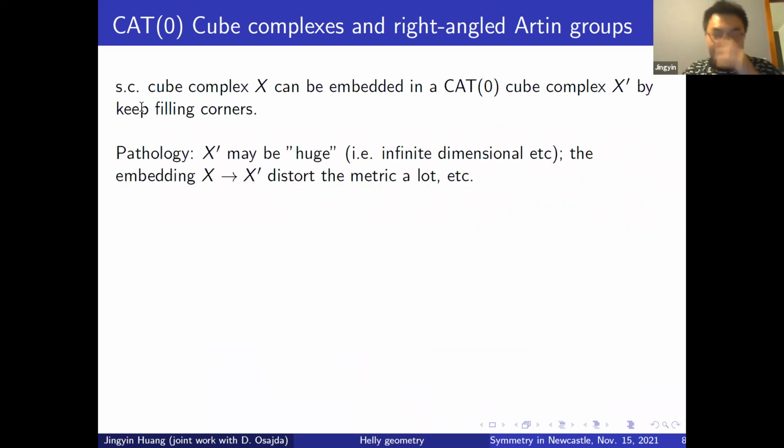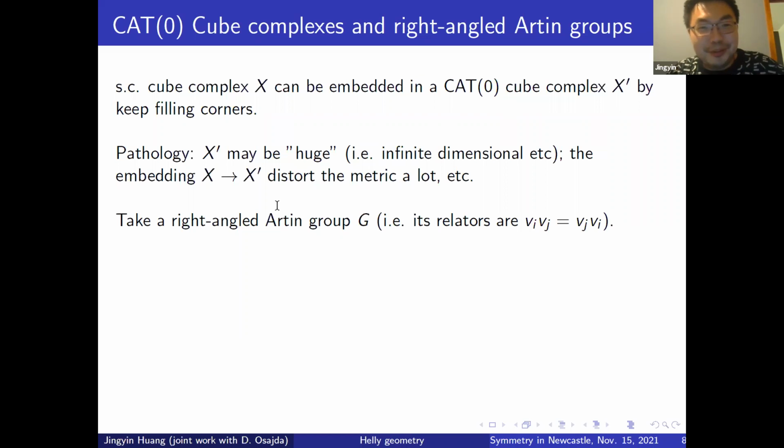But this procedure is generally not so good, because when you fill in one corner, you create another corner, and then you might have to keep doing this. So in the end, you might get something which is infinite dimensional, and the embedding from X to X prime may not respect the metric. You could start with something X which is bounded, and in the end you get something that distorts the metric. Okay.